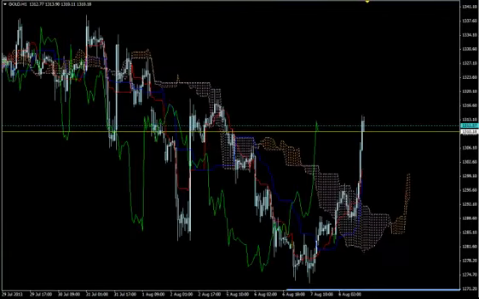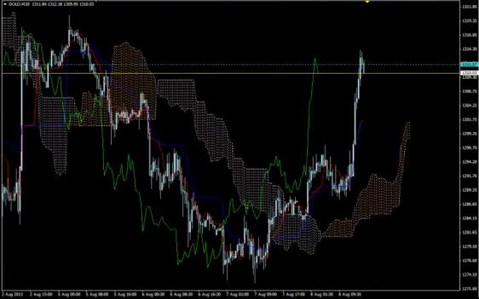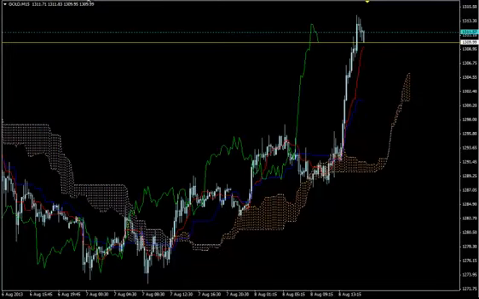So back to M30. This is M30. Let's go to M15. On M15, we see that everything looks bullish, but it's not 100% bullish. It's 90-something% bullish. The leading Kumo has a sharp edge pointing upwards, and it's sloping upwards.